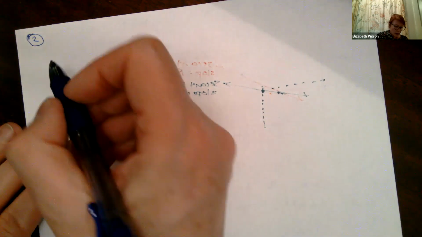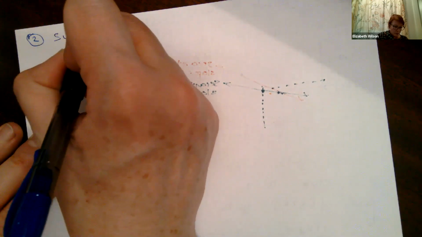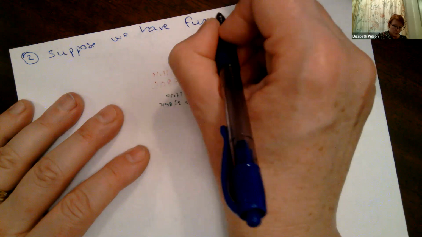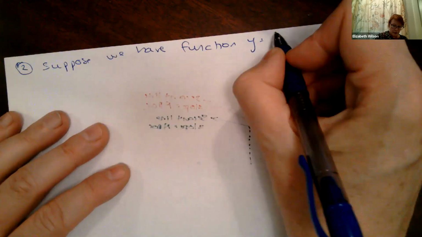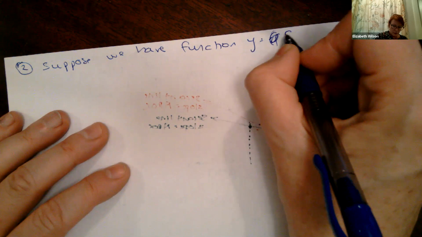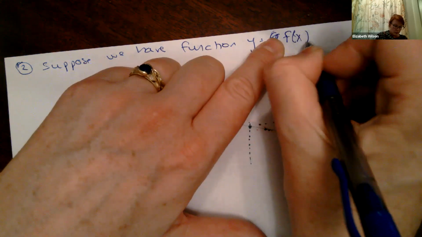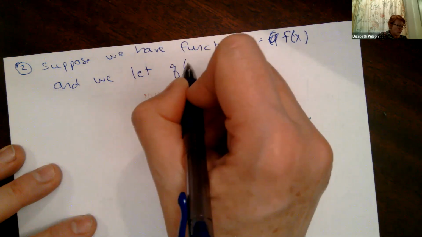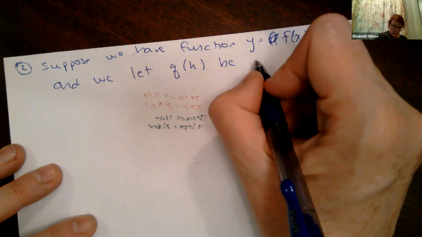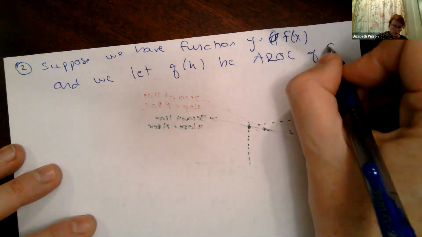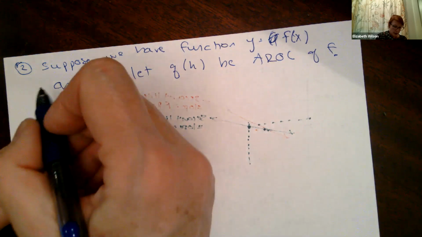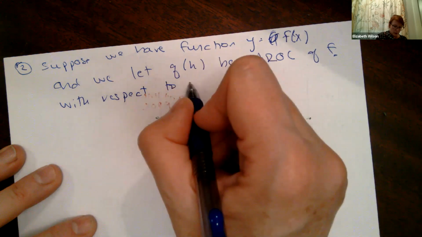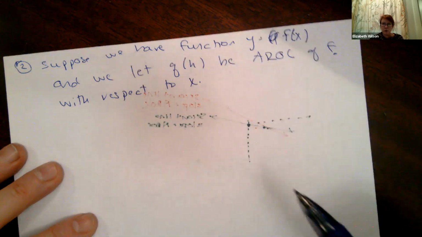Suppose we have some function y equals f of x, and we let q of h be the average rate of change of that function f with respect to x. You remember, our average rate of change is the slope of our secant line.